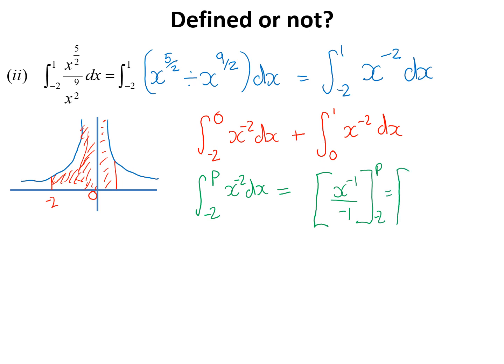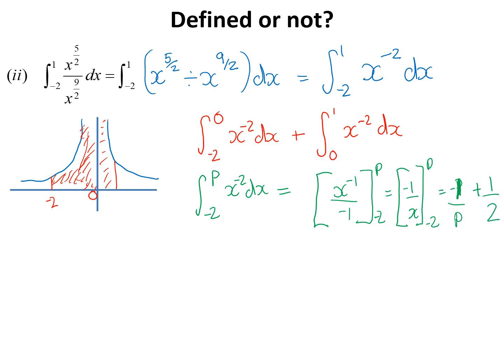Rearrange it before you put any limits in. What are we doing? I'm an idiot. Minus 1 over p. Take away a negative, so that'll be plus 1 over 2.